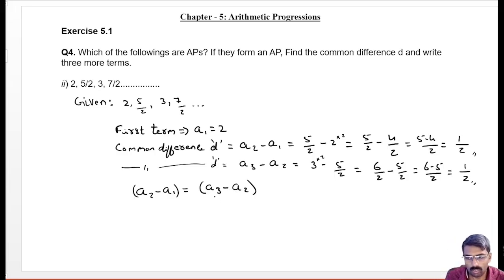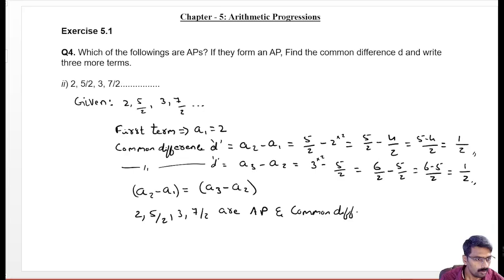Since our common differences are equal, we can write 2 comma 5 by 2 comma 3 comma 7 by 2 forms an AP, and the common difference is 1 by 2. So this would be our answer.